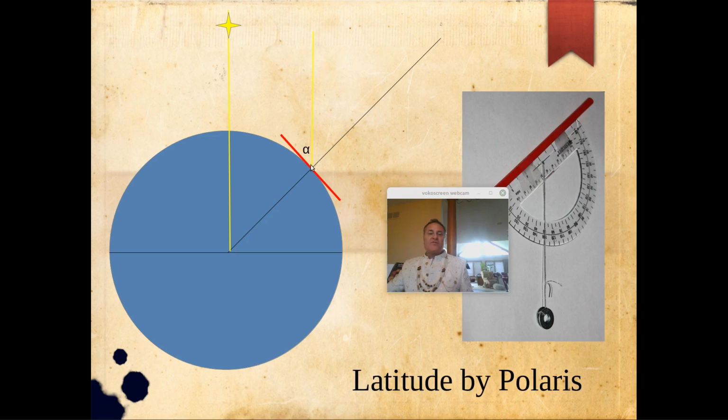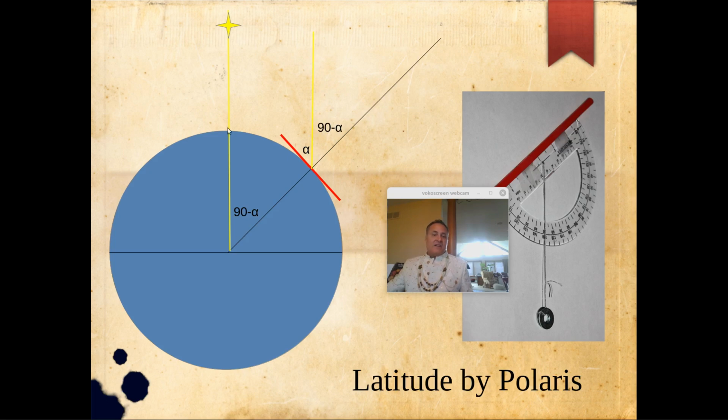We can subtract from this 90-degree angle created by our red horizon line and our zenith line. We can subtract alpha from 90 degrees, and we come up with this angle 90 minus alpha for the yellow and black lines and the angle they make.